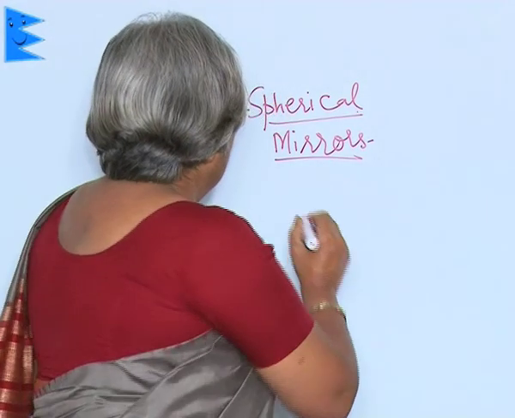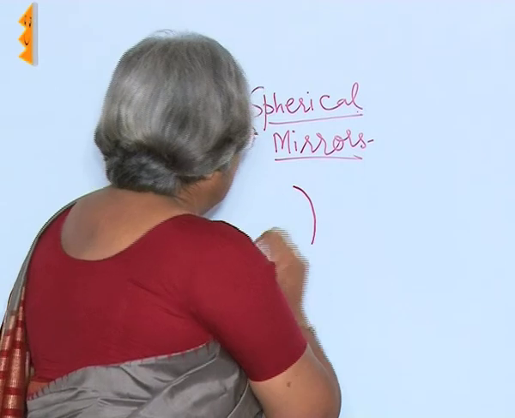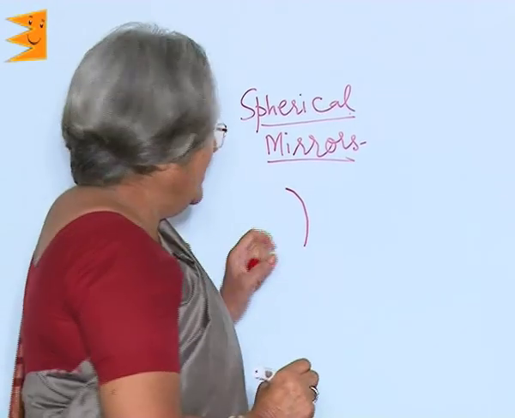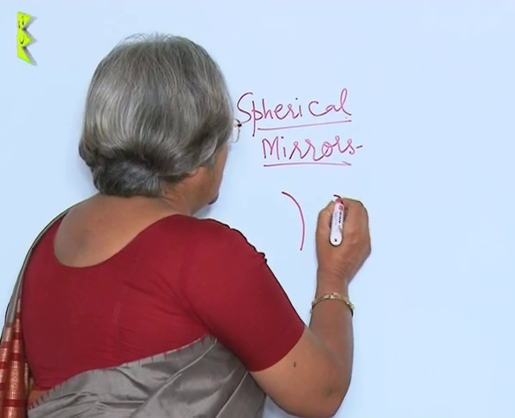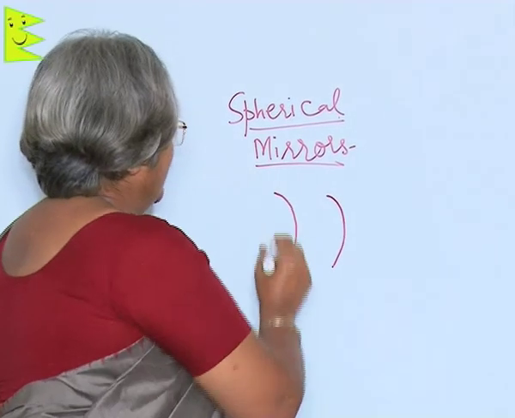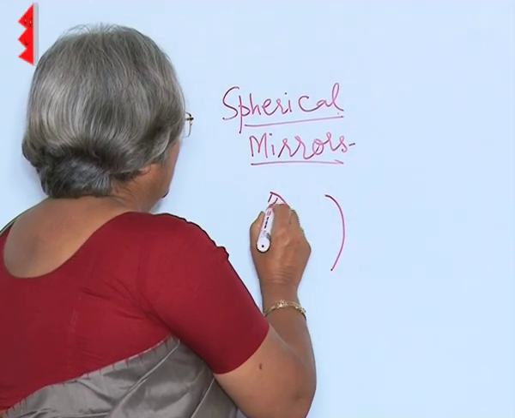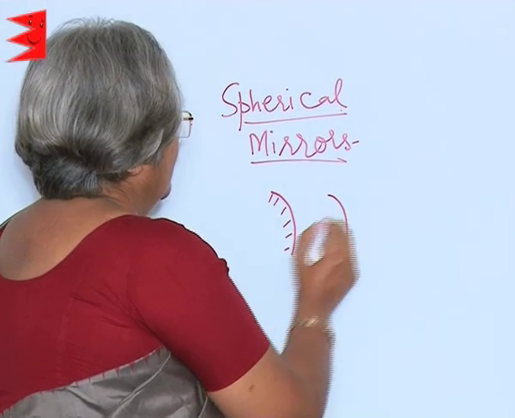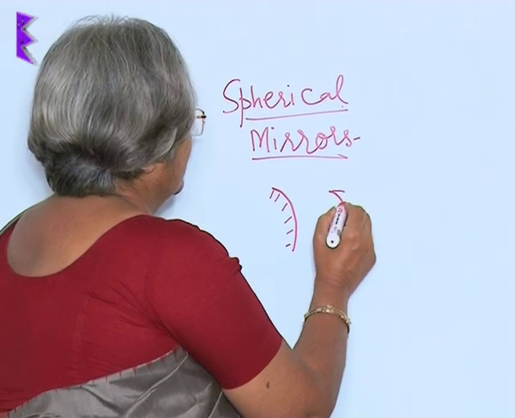Now, what is the difference between these two sides? Of course, most obvious difference is that the outer side of the spoon is bulging out like this, and the inner side is carved in like this.